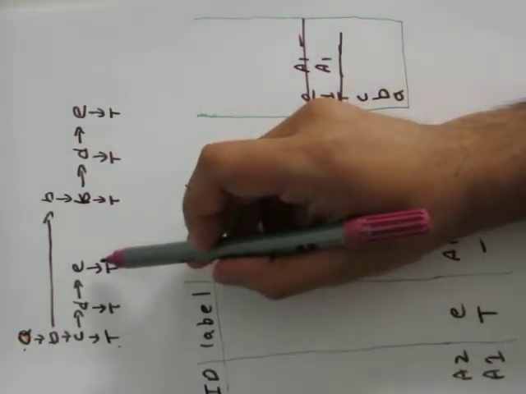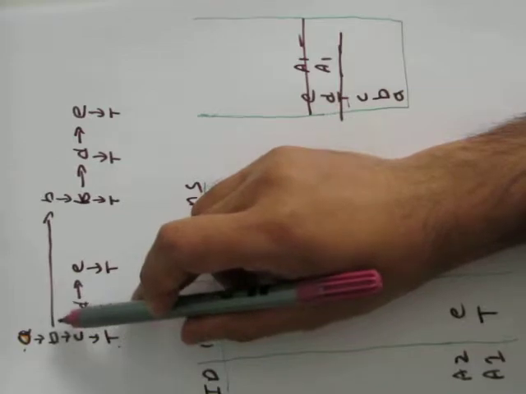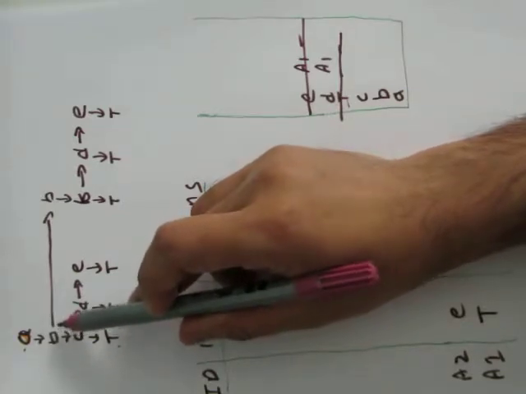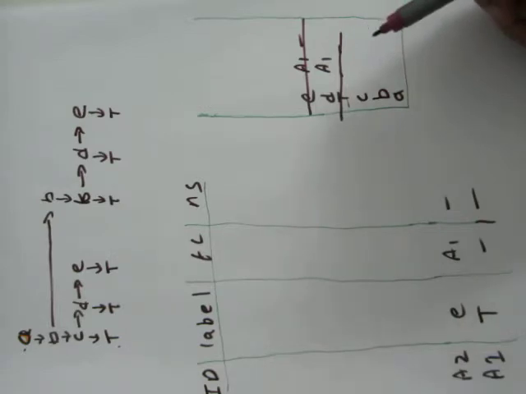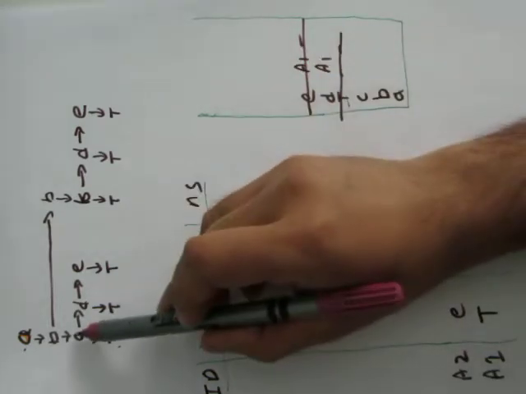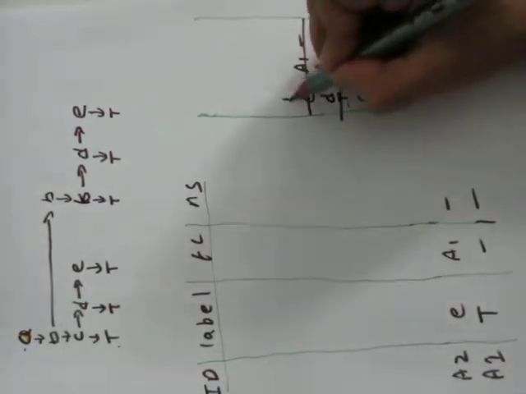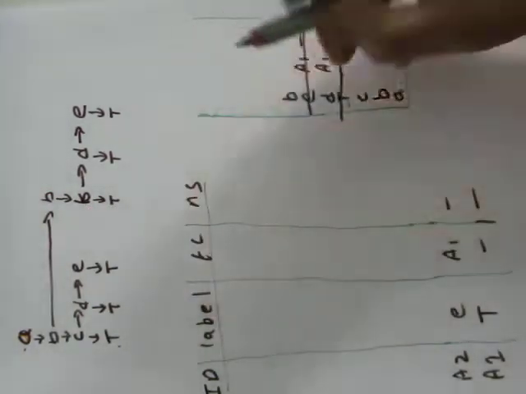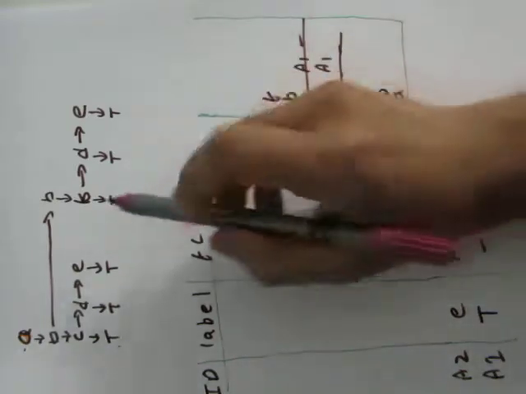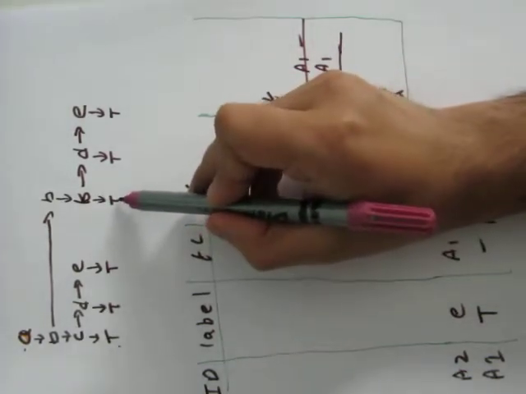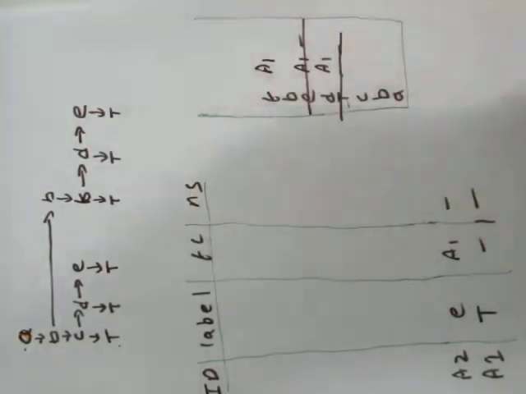Then again we backtrack and we come to this B. We come to C, then we come to B, then we come to this B, we write it here. Then we come to F, then we come to this T. T is already known, that is A1, and this F is pointing to D, which is not known.